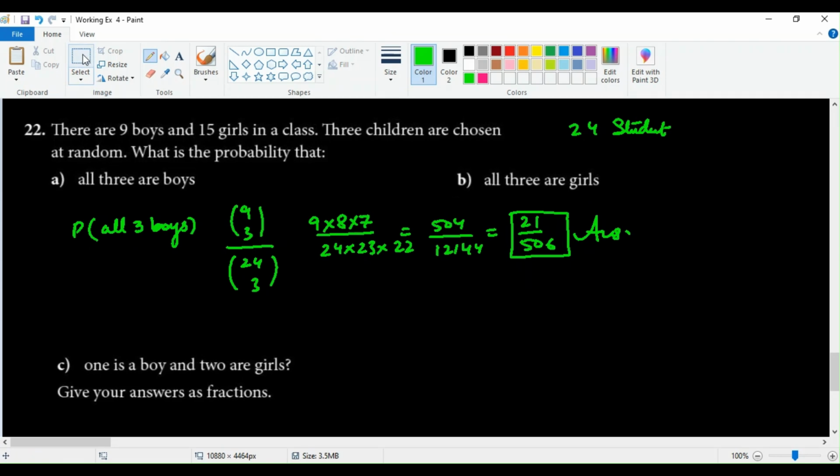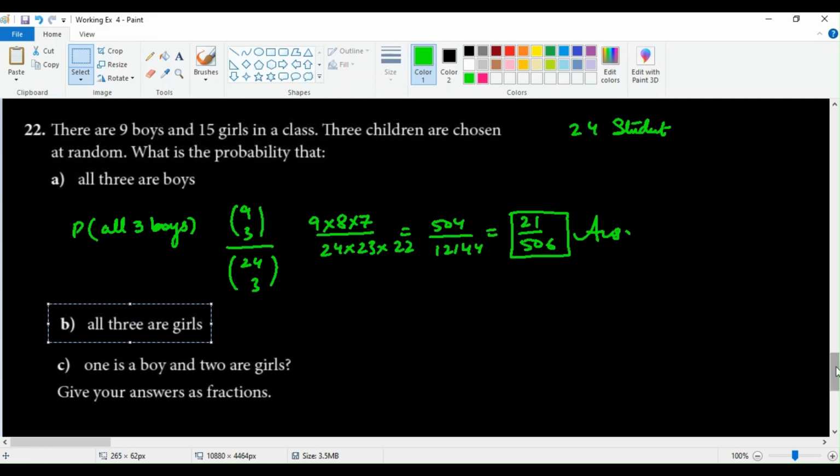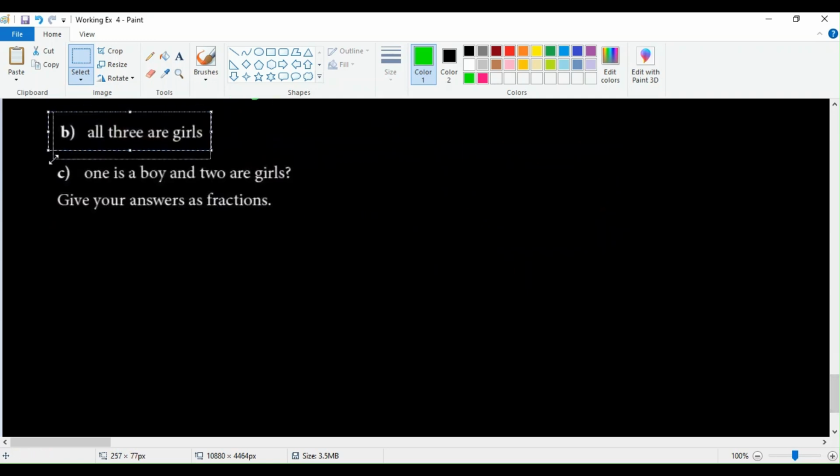When it comes to part B, I bring this a little down for the calculations to carry on. I'll bring this here.